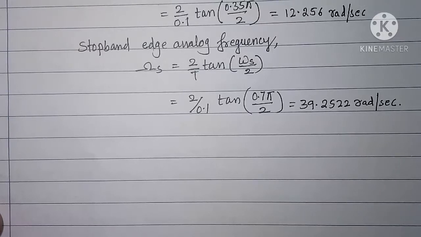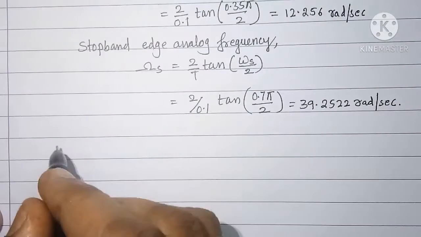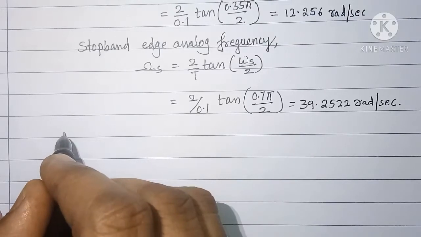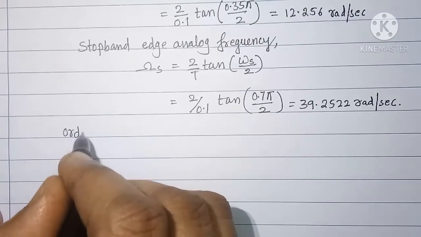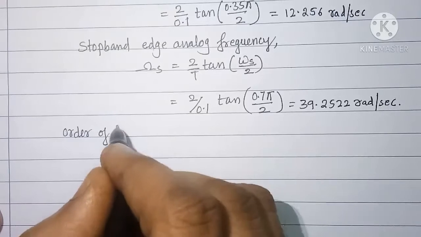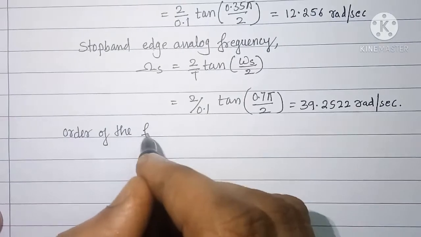Now, using the values of analog frequencies and the gains, we have to calculate order of Butterworth low pass filter. So right here, order of the filter.